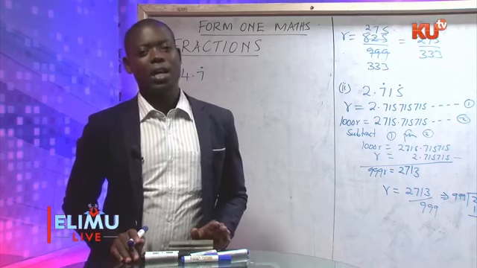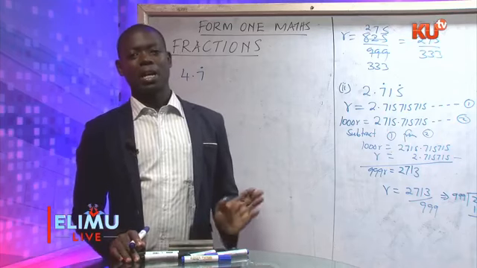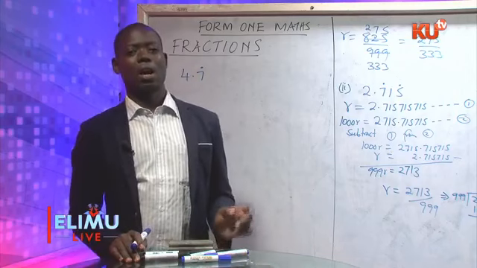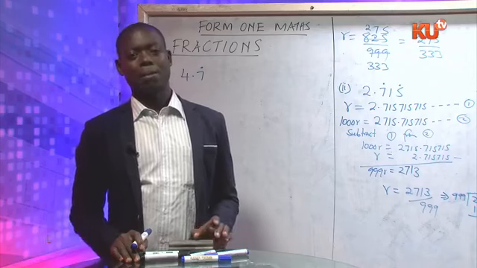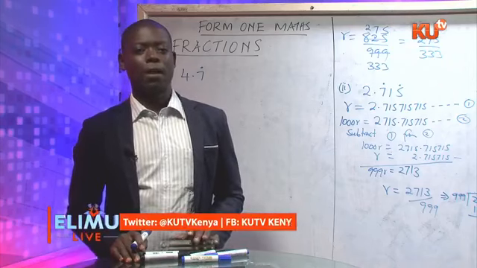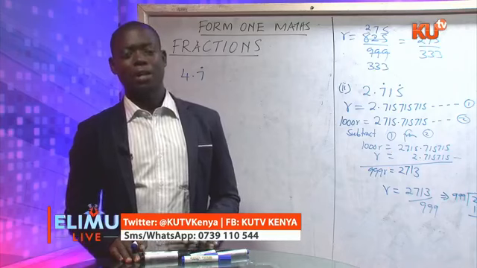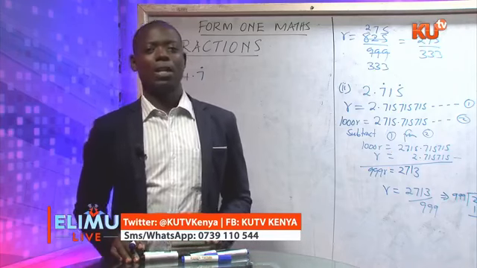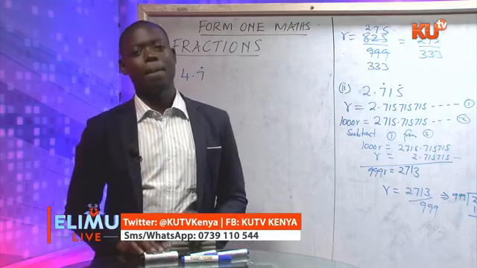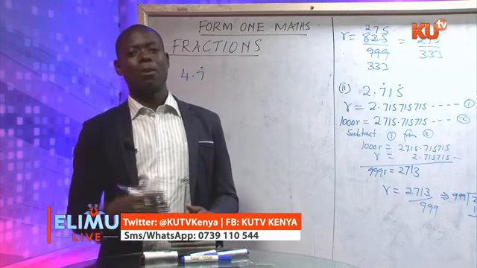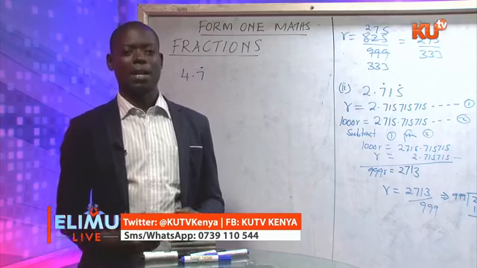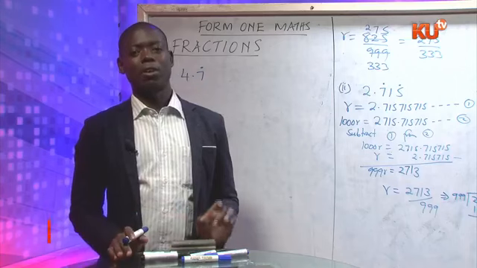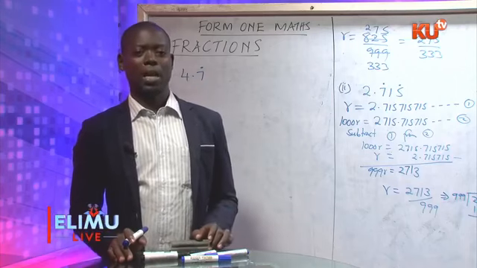Then we have 3 kinds of decimals that are recurring. We have 1 decimal number recurring, 2 digits that are recurring, or 3 digits that are recurring. For each of them, if you want to express them as fractions, the first thing that you must always do is to write what we call the recurring decimal equation, that is given by how that decimal is appearing when you write it in the way it's supposed to be, excluding the dot on top of that digit that is recurring.